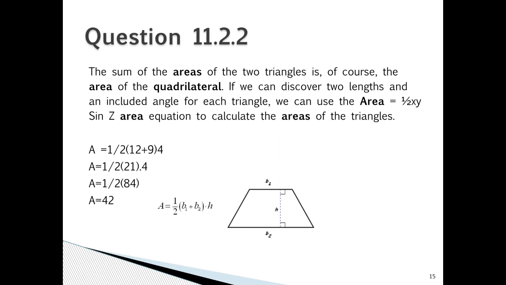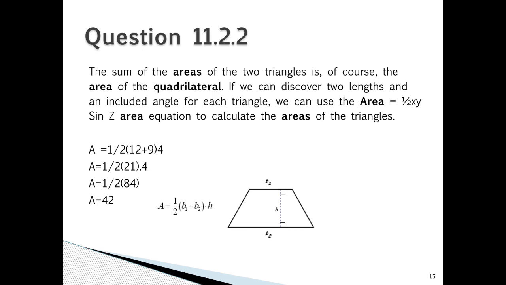11.2.2. The sum of the areas of the two triangles is, of course, the area of the quadrilateral. If we can discover two lengths and an included angle for each triangle, we can use the area equation, half xy sin z, to calculate the areas of the triangles.